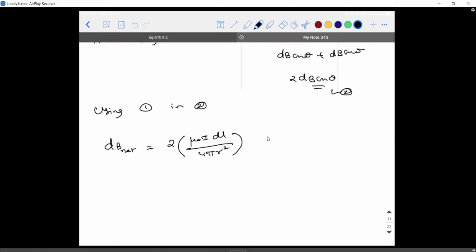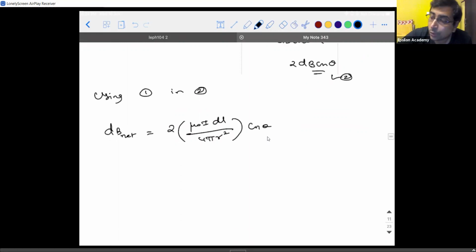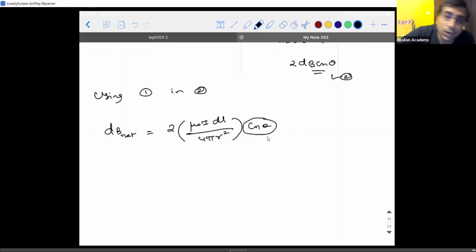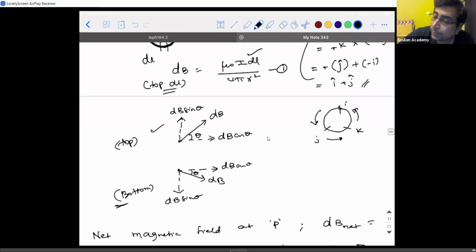Multiplied with? Cos theta. Very good. Cos theta. But again, I taught you one thing, right? Whenever you want to integrate it, you need to have everything as a variable of one parameter, a single variable. So what I will do is I will convert cos theta in terms of other parameters.